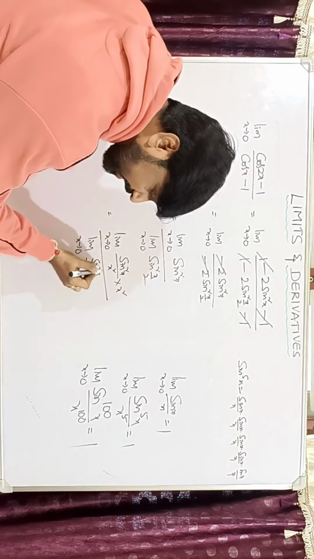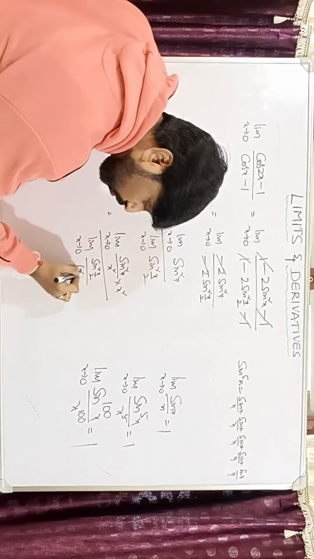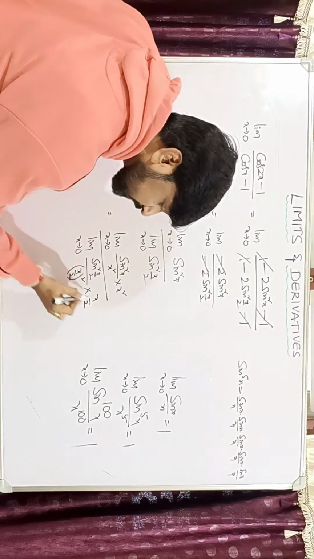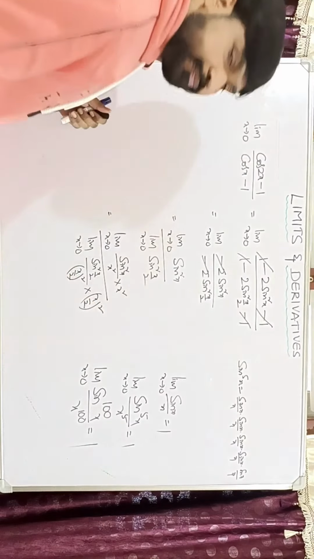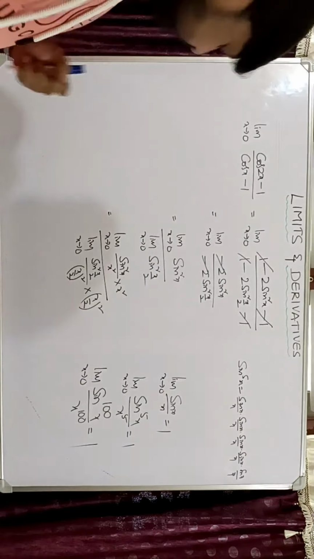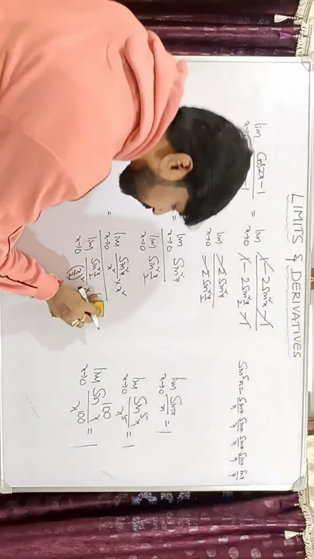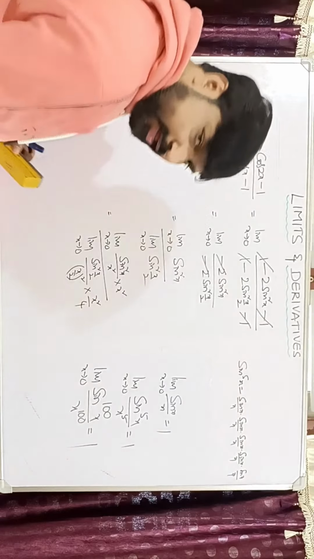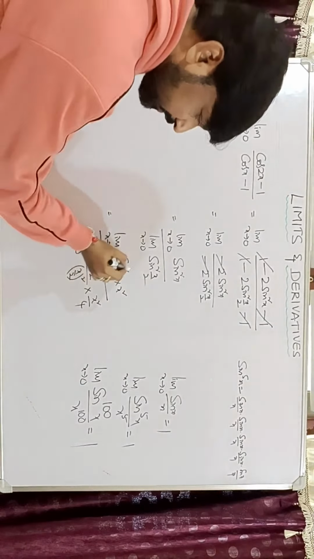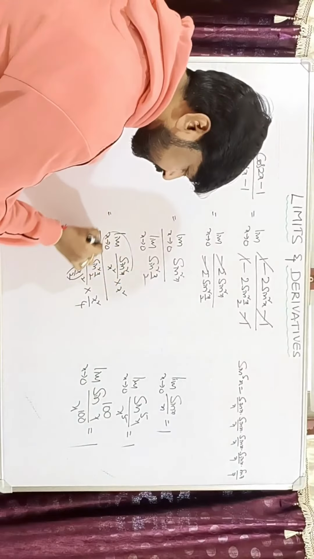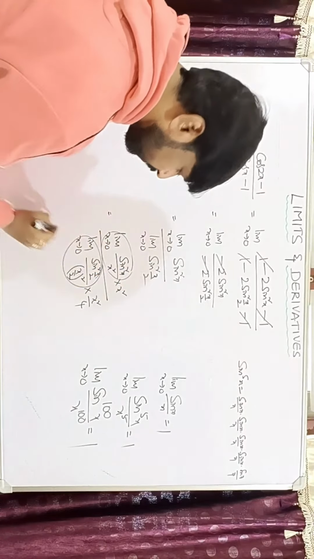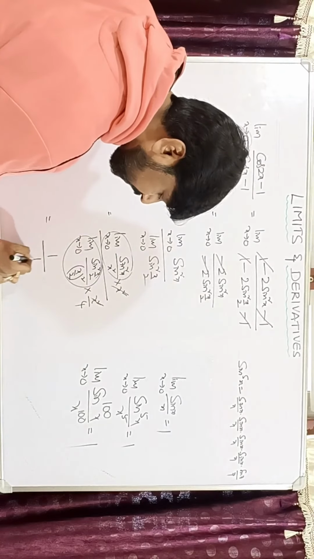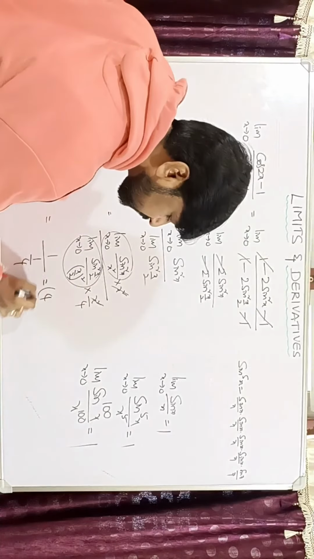What is the angle? x by 2 whole square. Write down again the same: x by 2 whole square, which can be written as x square by 4. This result is 1, this result also 1. And x square and x square get cancelled. So 1 by 4; you are getting the answer 4.